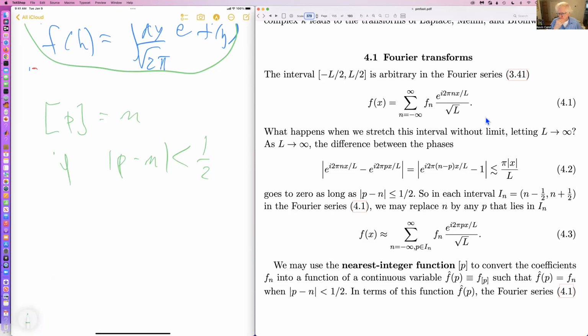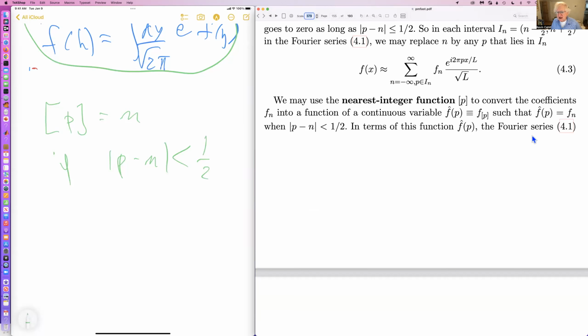So what happens is we stretch this interval, then the difference between e to the i 2 pi nx over L and e to the i 2 pi px over L, as long as p is close to n, this is negligible. And so we can rewrite this in this form.